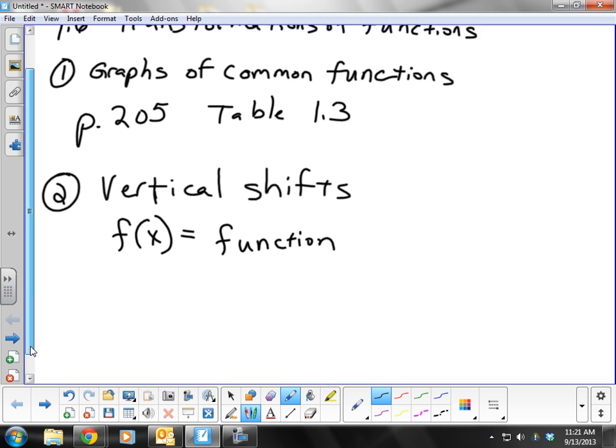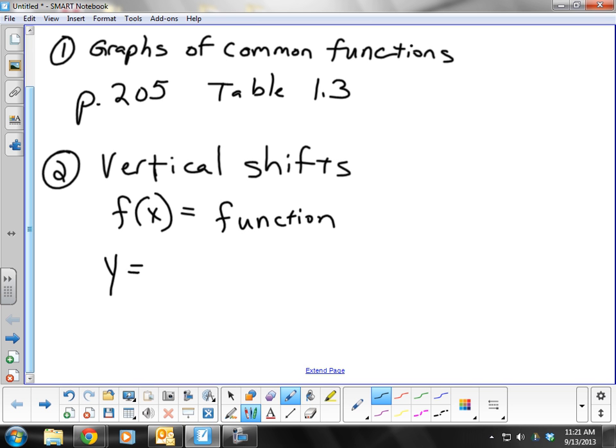So on the vertical shift, if you have y is equal to f of x plus some c, where c is a positive number, then that moves the graph, the parent function that you started with, whatever it was, up that many units. And then y equals f of x minus c will move it down, the same number of units.